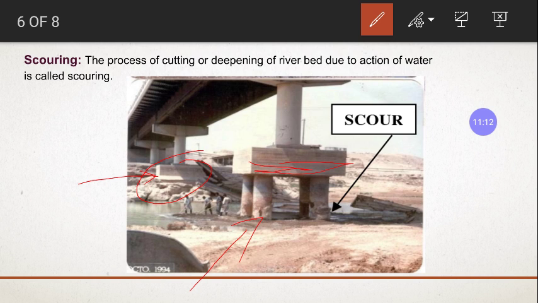Because of the velocity of the flow of water, over a long period of time the water has taken away the soil along with it. Slowly, along the years, the water flowing below the bridge has carried the soil away, so there is a reduction in the soil quantity at the foundation.